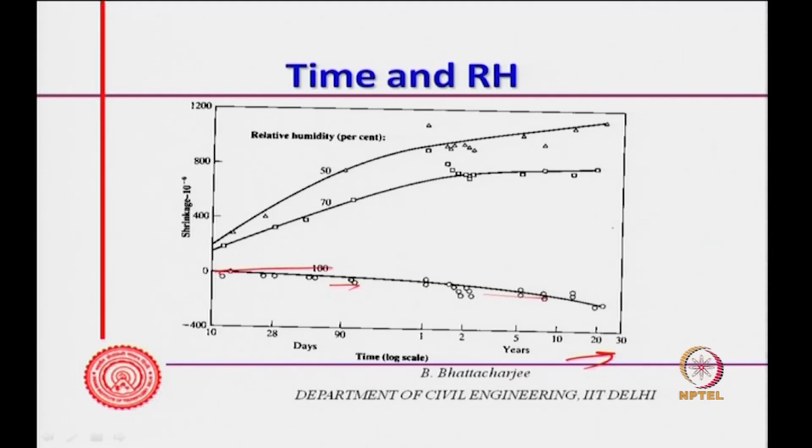So, this is 0 and this is 100% relative humidity, where in fact you will have swelling. But if you have lesser, 70%, 50%, shrinkage goes on increasing, but then it tends to flatten out in the long run.